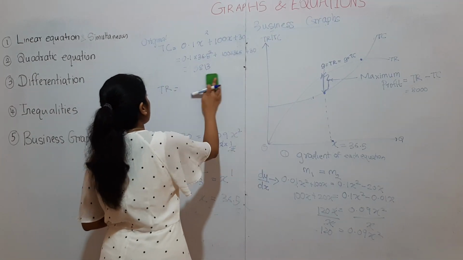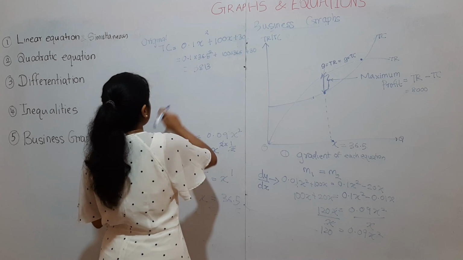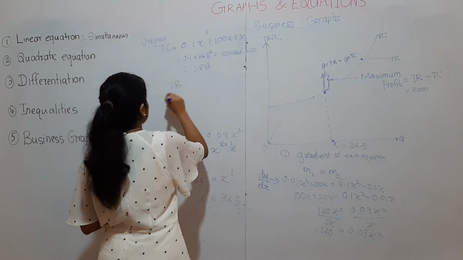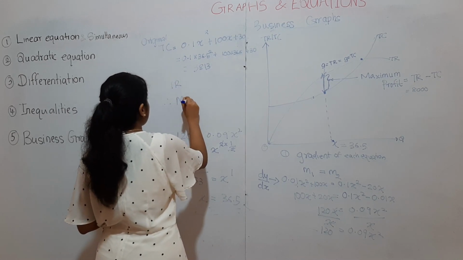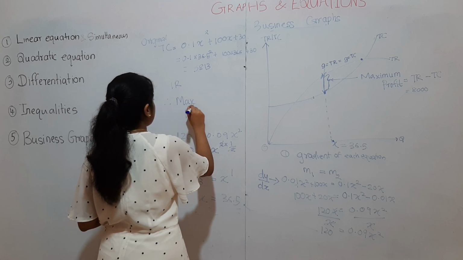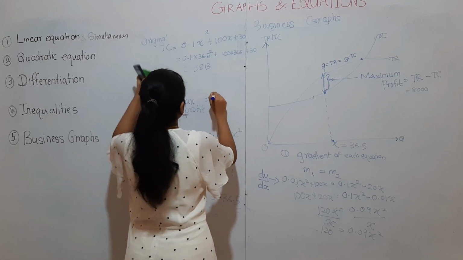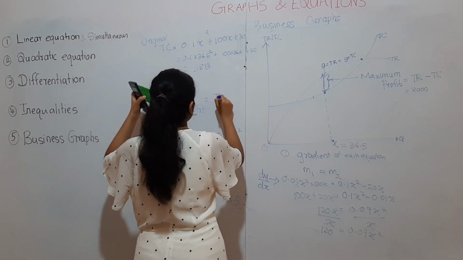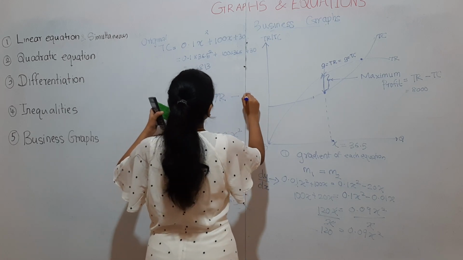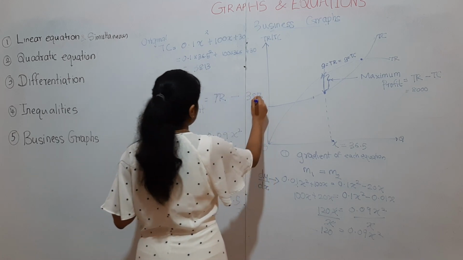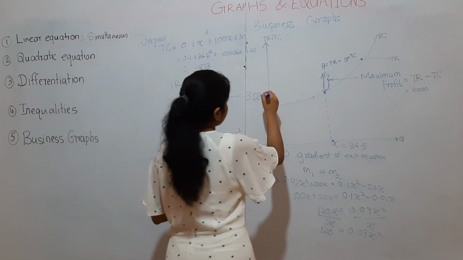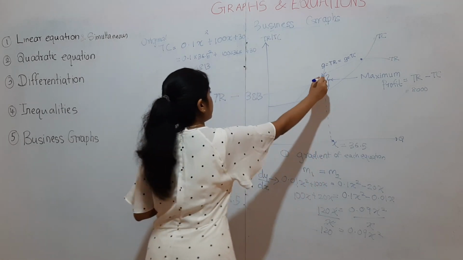Likewise, find the total revenue answer, then take the difference between maximum profit equal this total revenue answer that you get minus 3,830. That will be the gap of this.